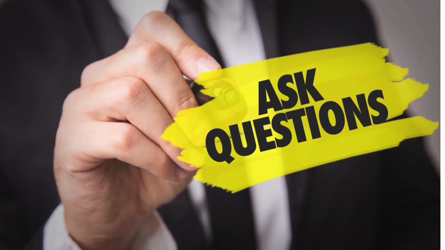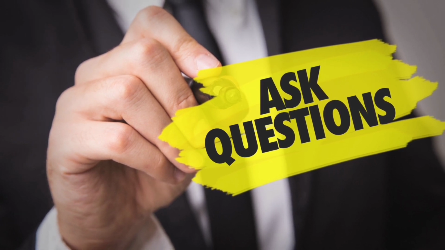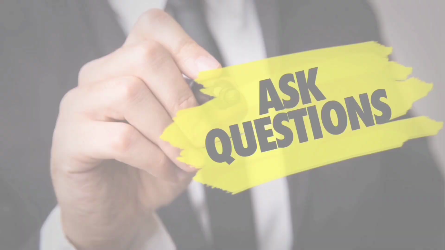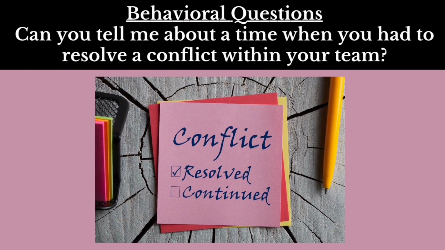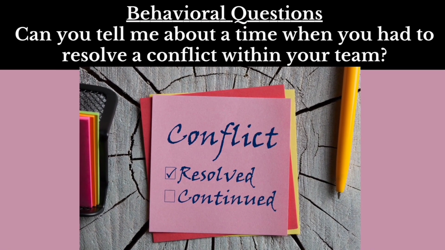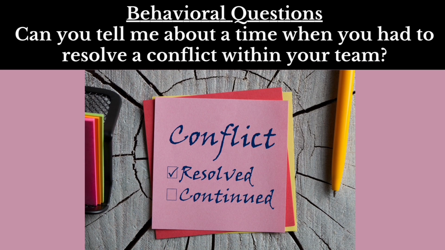Fine. Next is behavioral questions. Now you can ask situational or behavioral questions to understand how the candidate handled specific situations in the past. For example, you can say, can you tell me about a time when you had to resolve a conflict within your team? Now, you might be thinking that these are also the same questions which we hear everywhere on Google or on any YouTube channel.